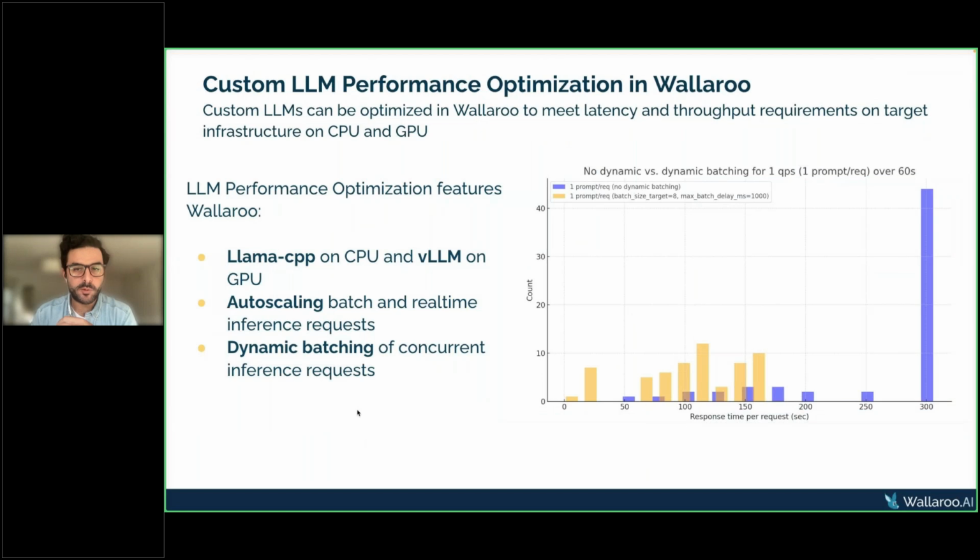Last but not least, when we talk about performance, especially with custom LLMs, the first thing that will come up is how can I maximize the performance of the infrastructure that I have available? As I mentioned, whether it's GPUs or IBM Power servers or x86, there are techniques that need to be considered to maximize throughput and minimize latency on the target hardware.